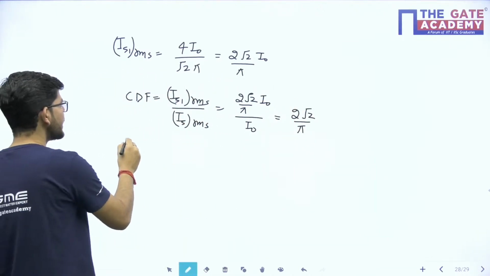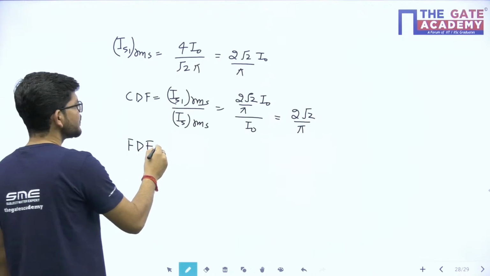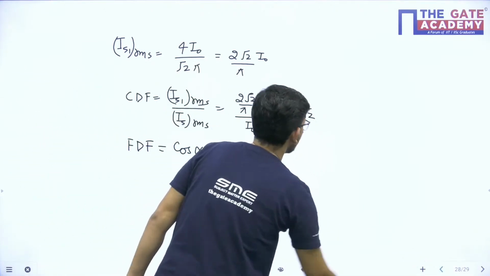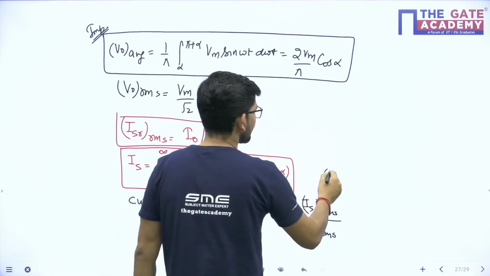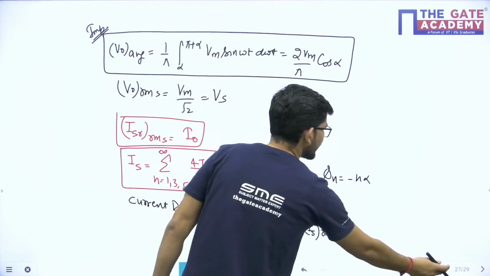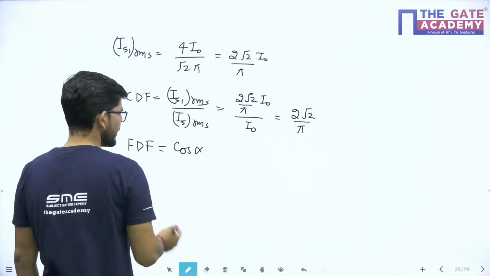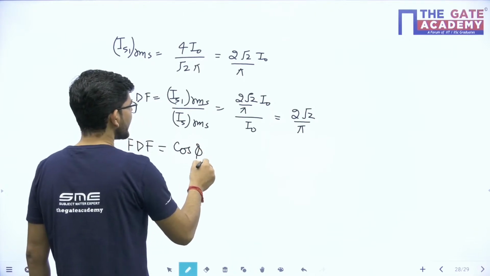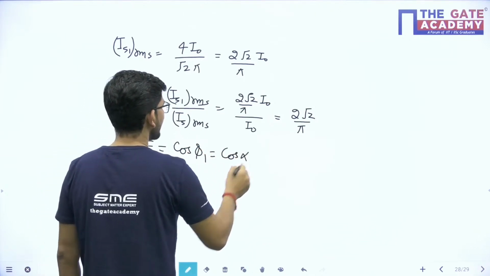After that we define the fundamental displacement factor, which is equal to cos of alpha. We have phi n here, which is equal to minus n alpha. So the fundamental displacement factor is basically equal to cos of phi 1, and we have cos of alpha.